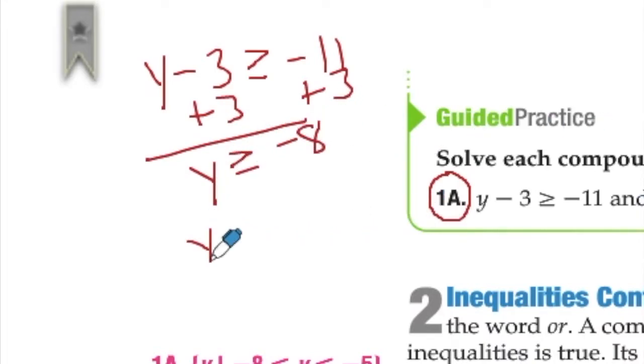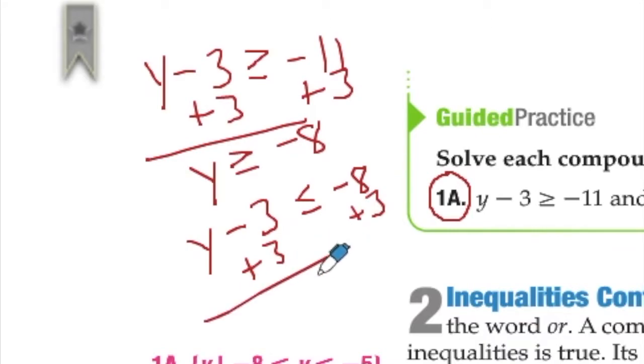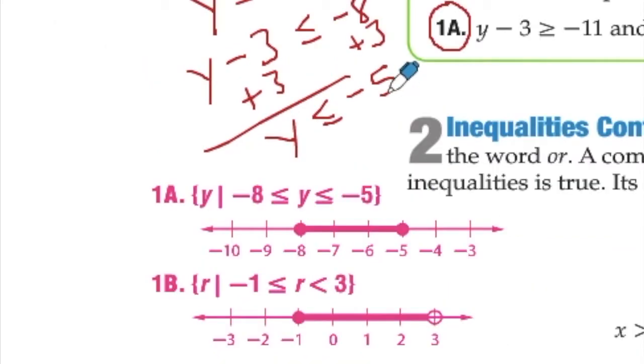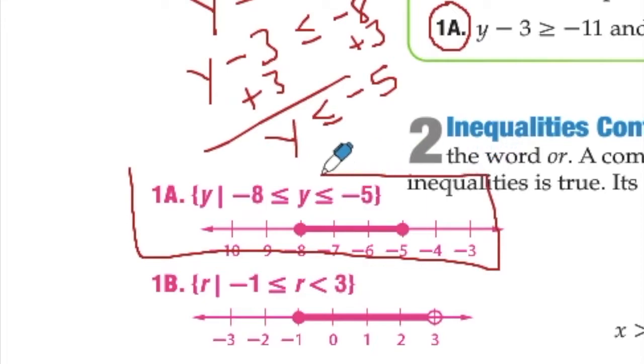We also have y minus 3 is less than or equal to -8, plus 3, and we have y is less than or equal to -5. So notice that the answer right here shows that y such that -8 is less than or equal to y, less than or equal to -5. Those are both closed circles at -8 and -5, and the solution set is joining those two in between.